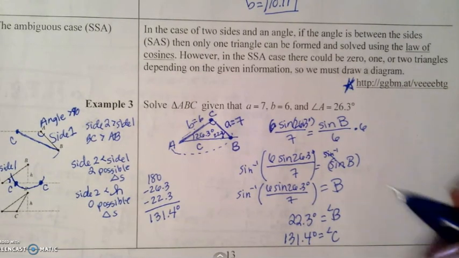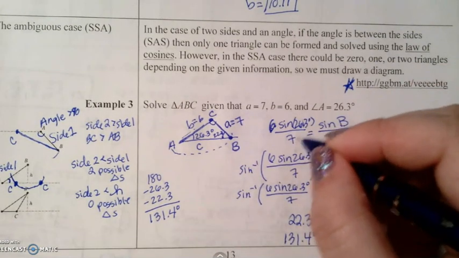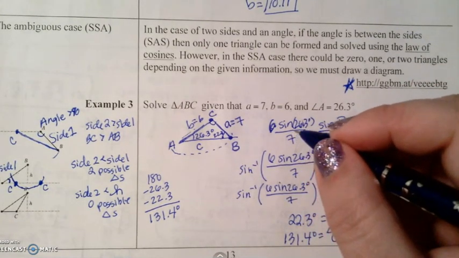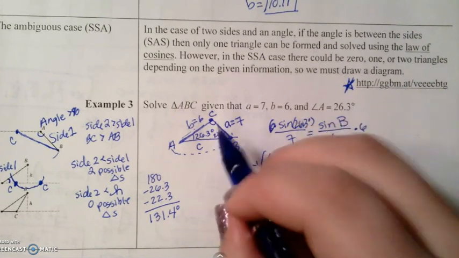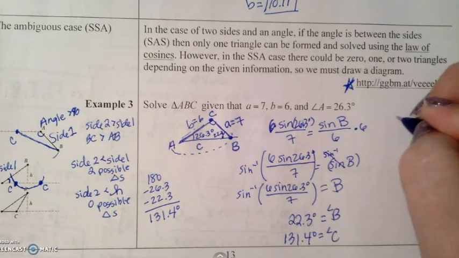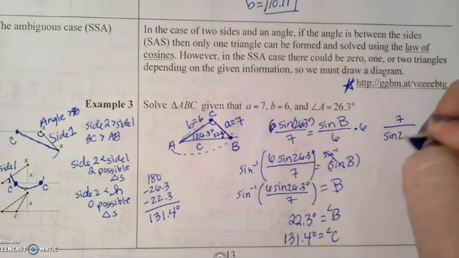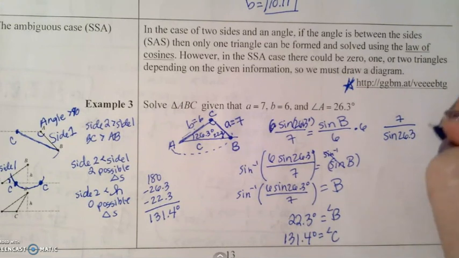Now we need to find side C, lowercase c, so we can set up, again, I'm going to use A as my starting ratio because I know both things from A in the given problem. So to find side C, I'm going to start with side A on top, divided by sine of 26.3, angle A, equals side C divided by sine of angle C, which is 131.4 degrees.